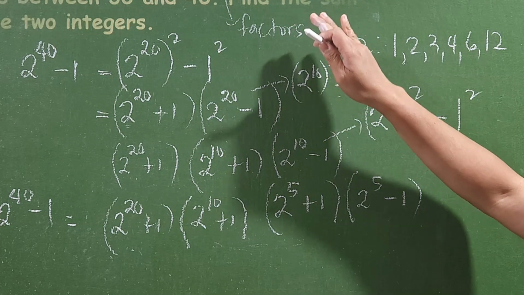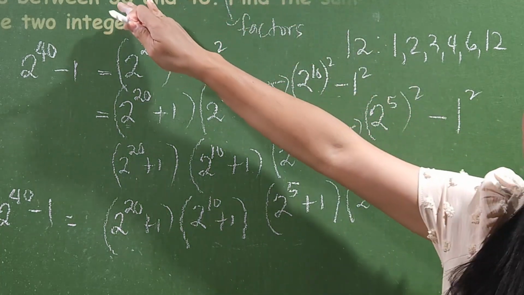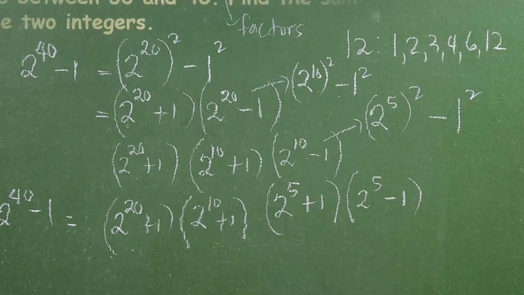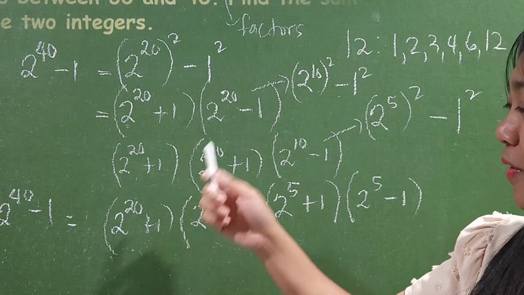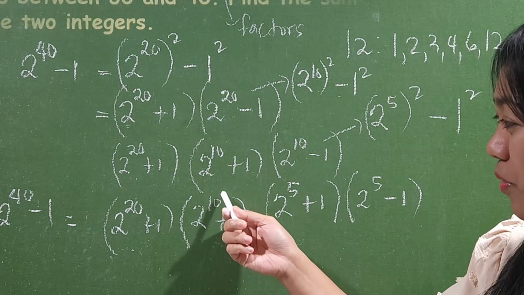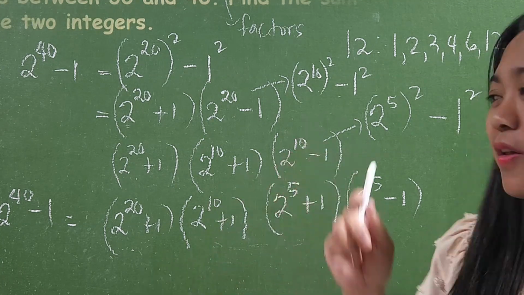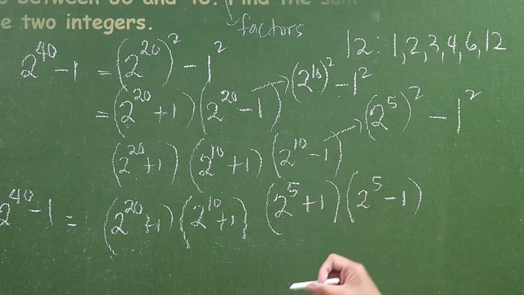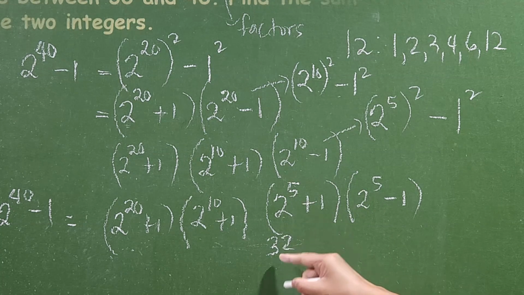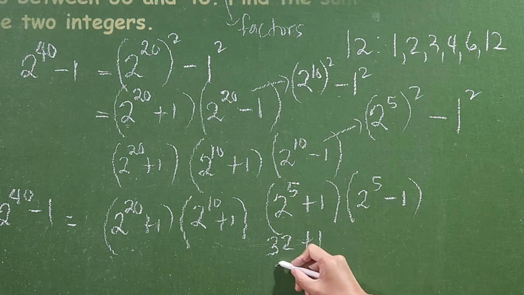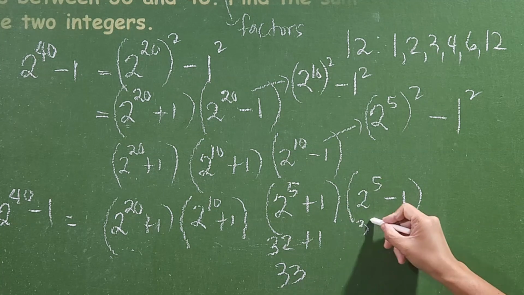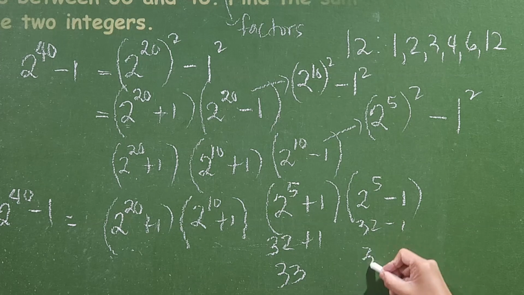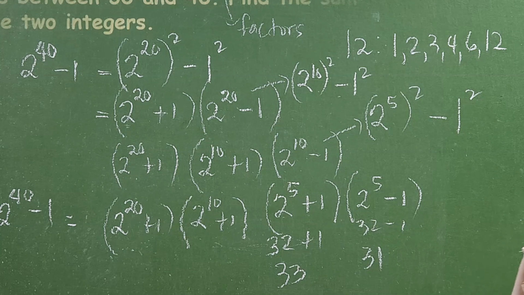Okay, we're looking for the two integers between 30 and 40. 2 raised to the power of 20 plus 1 is already more than 40. Also 2 raised to the power of 10 plus 1 is more than 40. For 2 raised to the power of 5, this is 32. So 32 plus 1 is 33. And 32 minus 1 is 31.